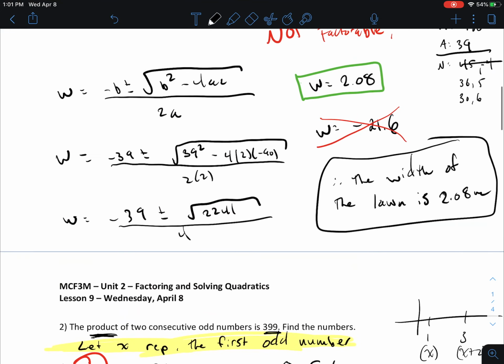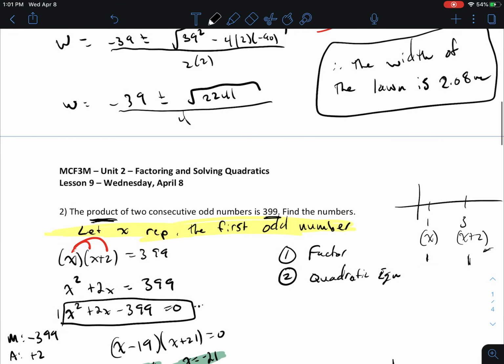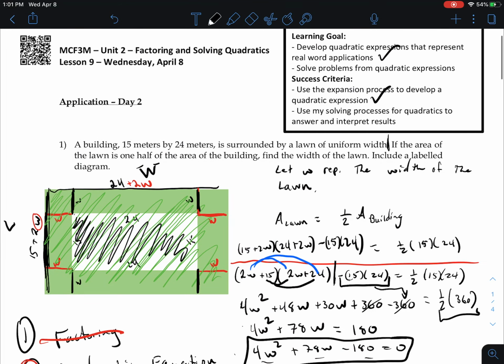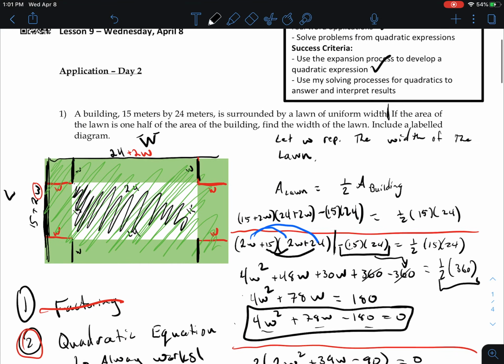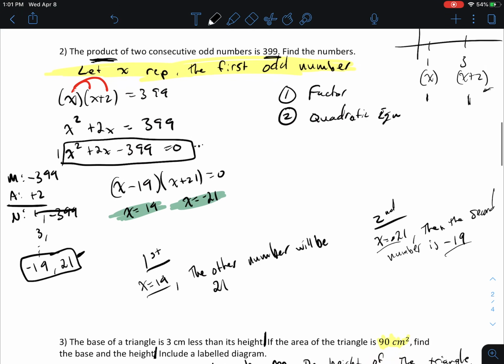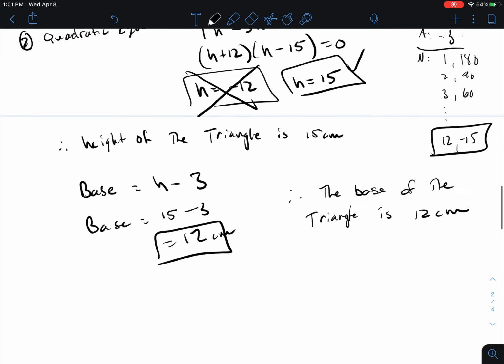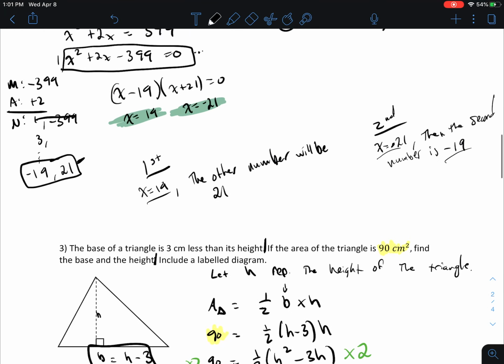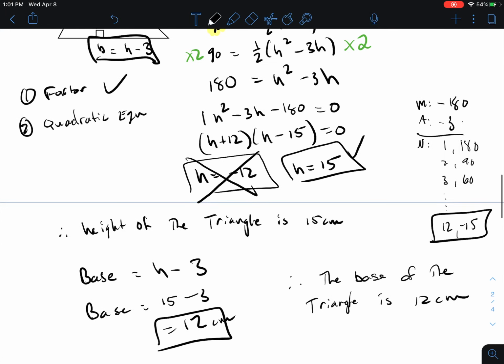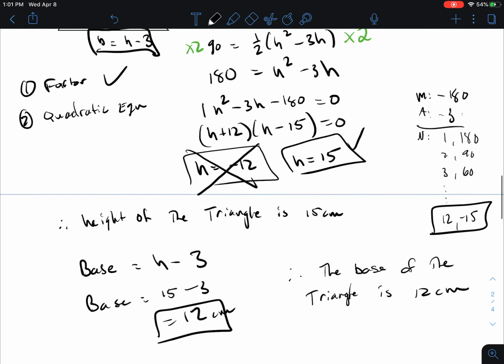Today, we just solved for x or w or whatever it was we were looking for in the question, using the quadratic equation or factoring. This should have given you some application of factoring and quadratic equations. So that'll be it.